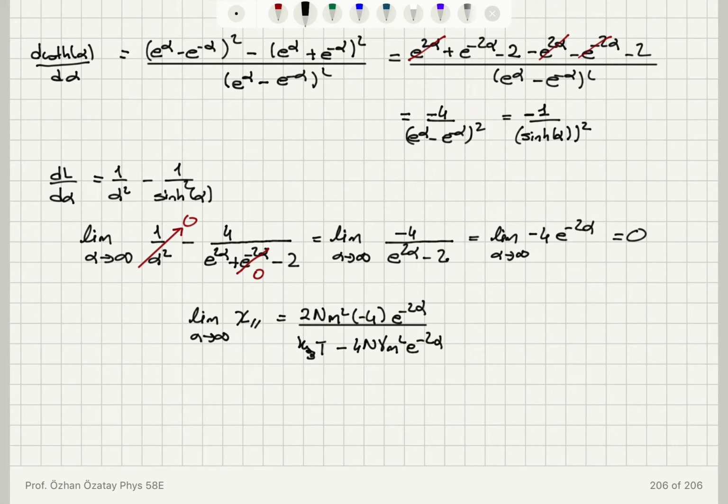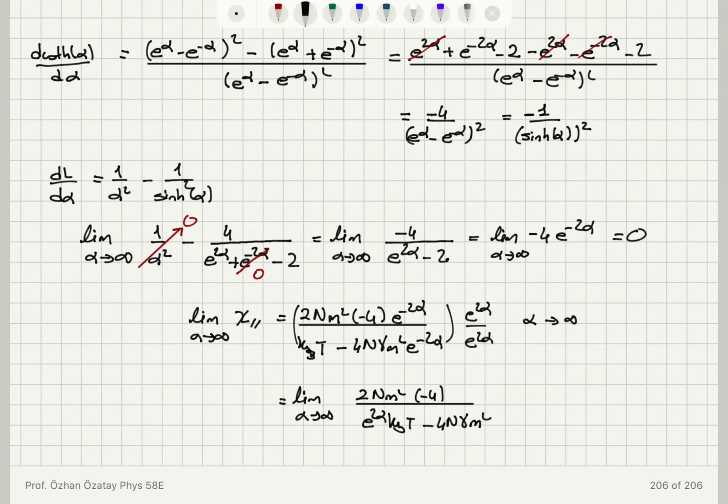So now what I want to do is multiply the top and bottom with e to the 2 alpha. So what will that give me? This is the limit as alpha goes to infinity of 2NM square minus 4 divided by e to the 2 alpha kBT minus 4N gamma M square.